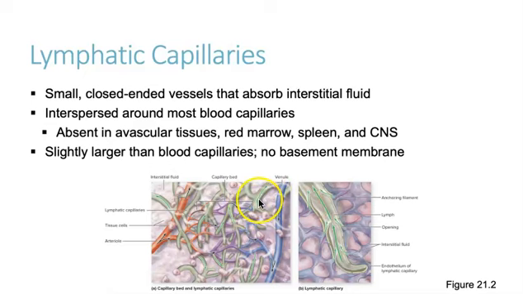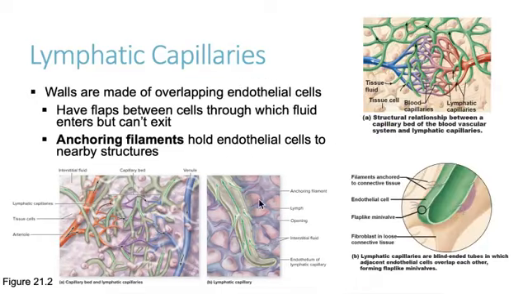What's unique about the lymphatic capillaries is that they're absent in our avascular tissues, such as the red marrow, our spleen, and the central nervous system, and they're slightly larger than our blood capillaries, and they have no basement membrane. So let's take a closer look at the anatomy here. The walls are made up of overlapping endothelial cells. If you remember what an endothelial cell is, it's really just a simple squamous epithelial cell, just like that.